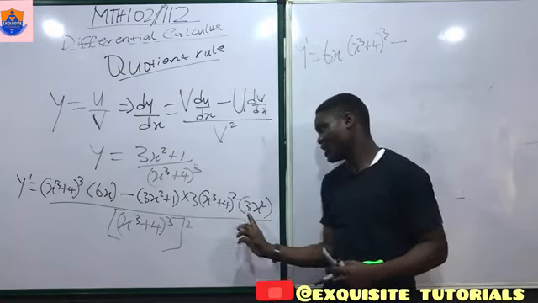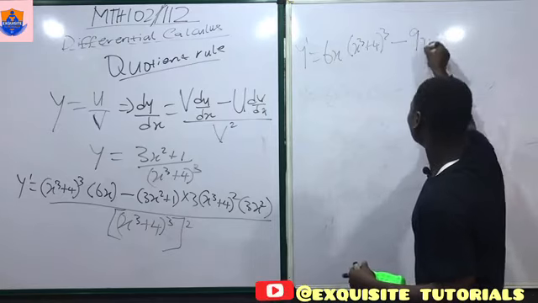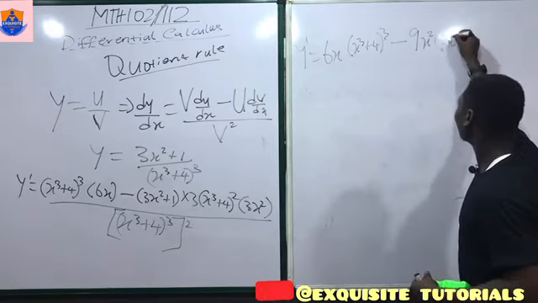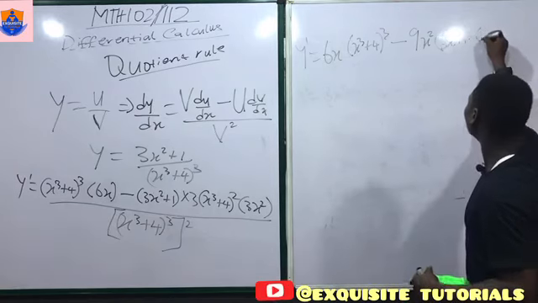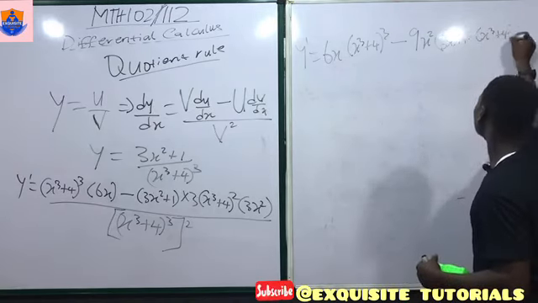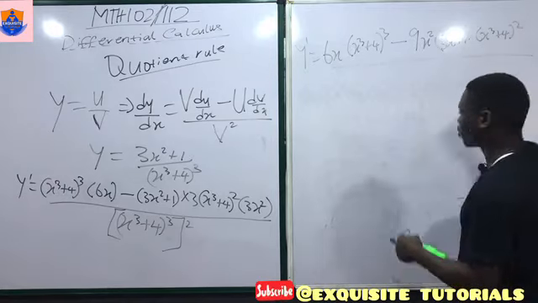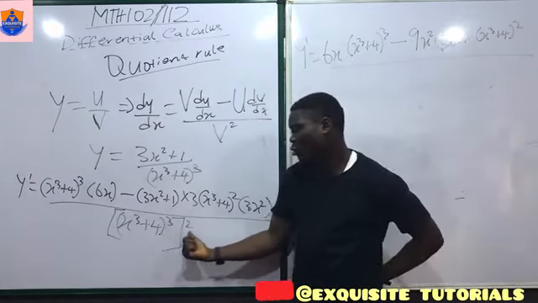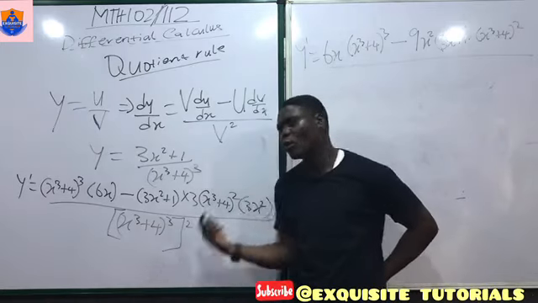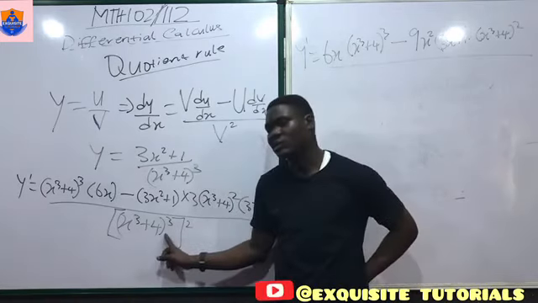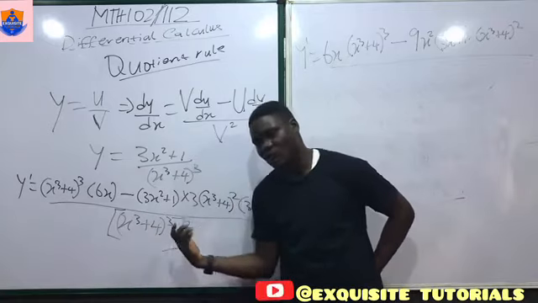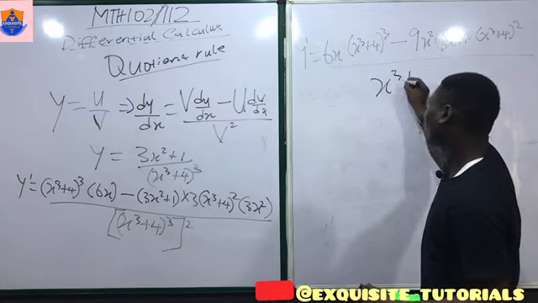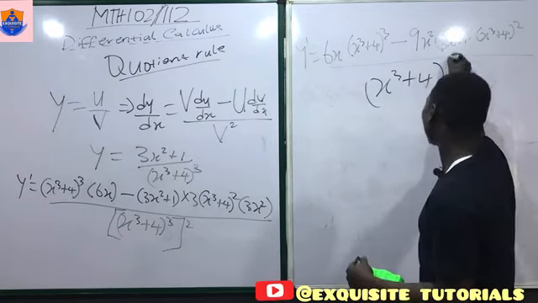So we are going to have 9x squared, then 3x squared plus 1 and x cubed plus 4 all squared. Then everything all over the square of the denominator. So if I open this bracket back, from your rule of indices, this 2 will multiply this 3. So we are left with x cubed plus 4 raised to power 6.